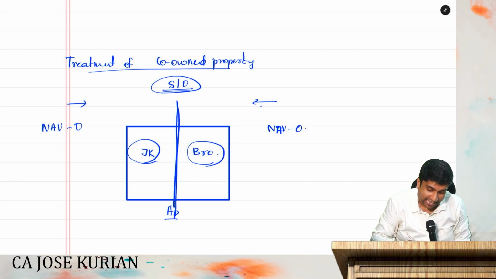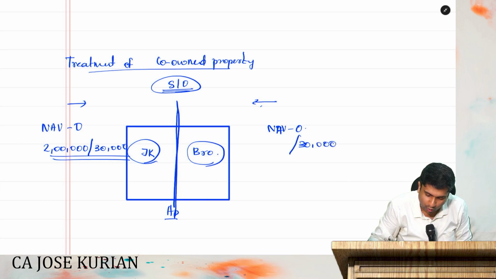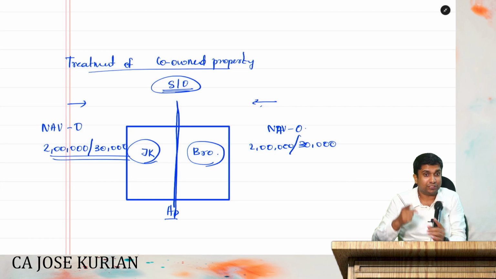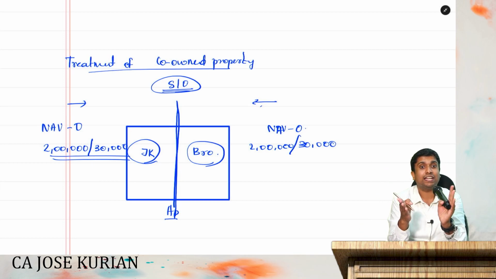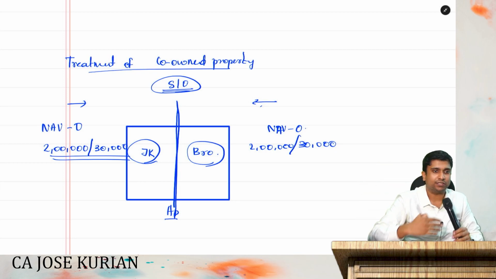But the point is, I can claim up to 2 lakh rupees or 30,000 rupees as the case may be. And my brother also can claim 30,000 or 2 lakh as the case may be, because we both are different assessees. For the same property, we both can claim up to 4 lakh or up to 60,000.